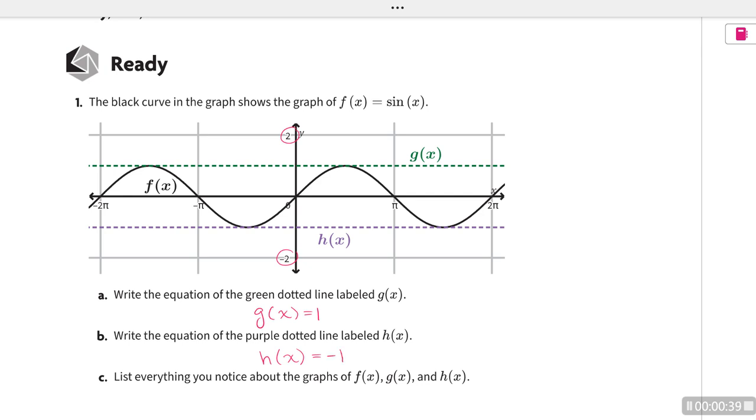So it says, list everything you notice about the graphs of f of x, g of x, and h of x. So we notice the graph of f of x fits between the graphs of g of x and h of x.